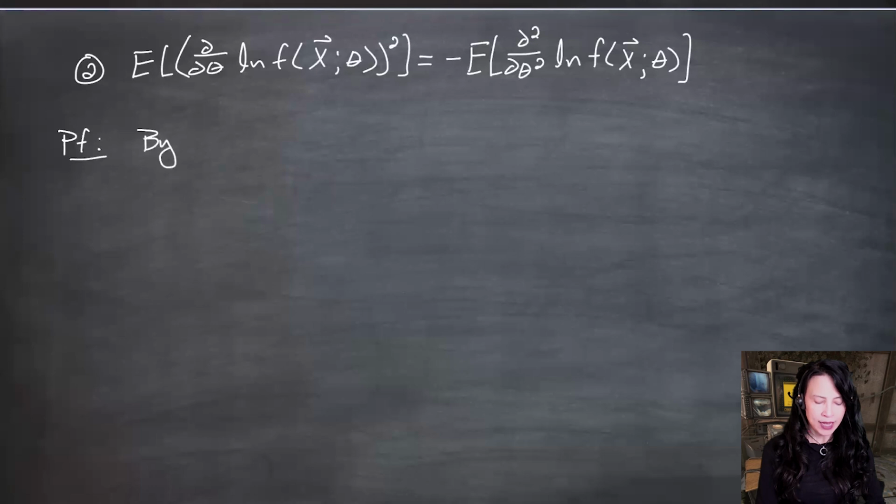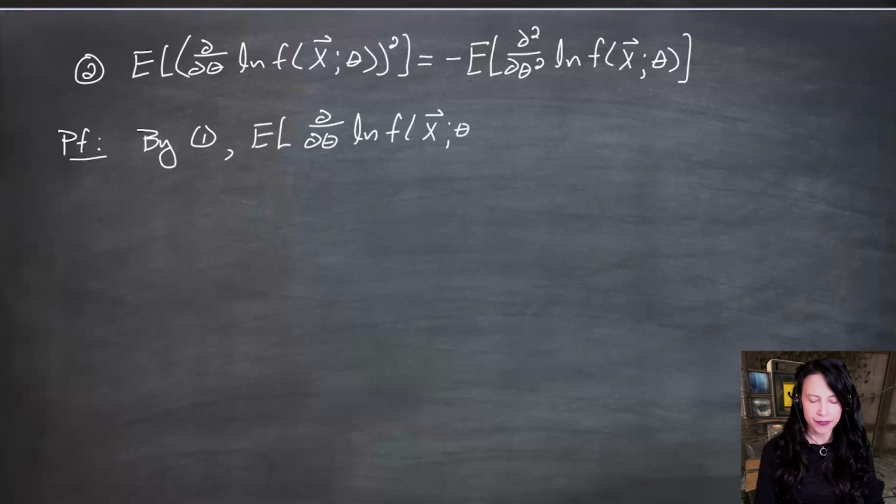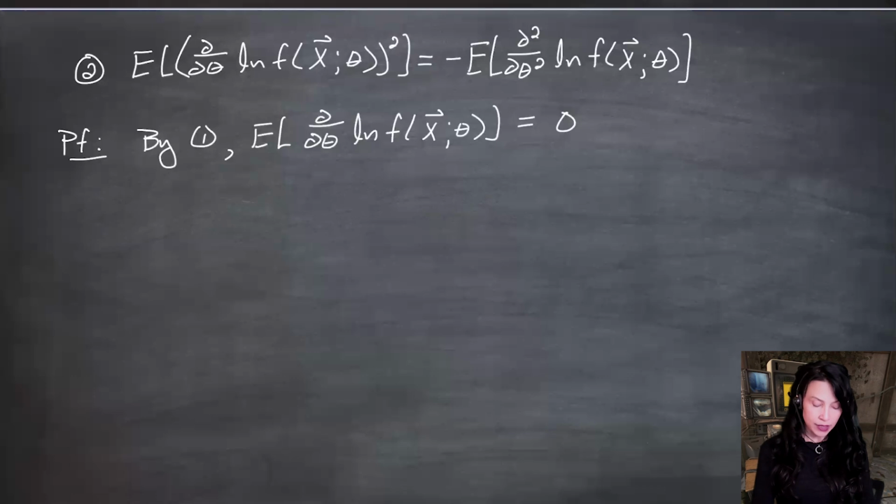So by property 1, we have the expected value of this score function is 0. Okay, let's write out this expectation.